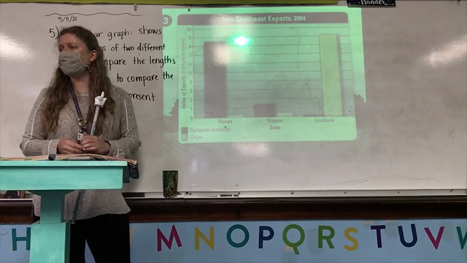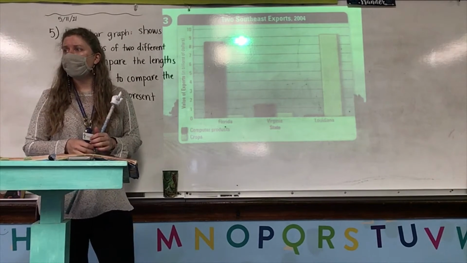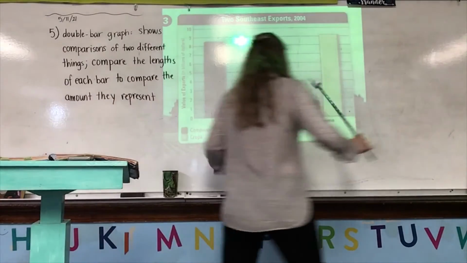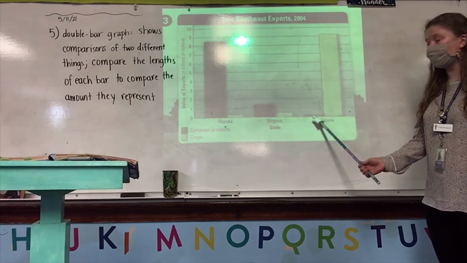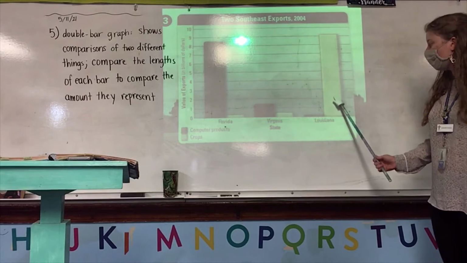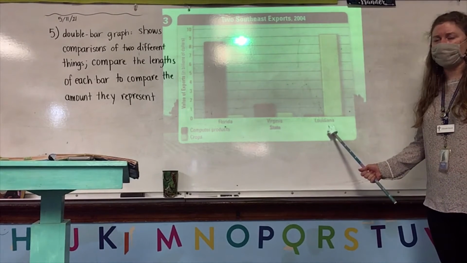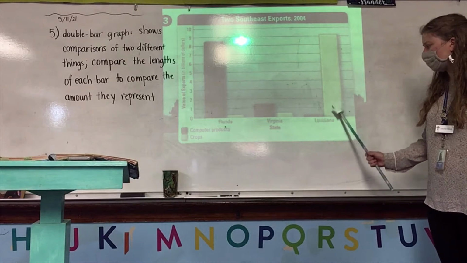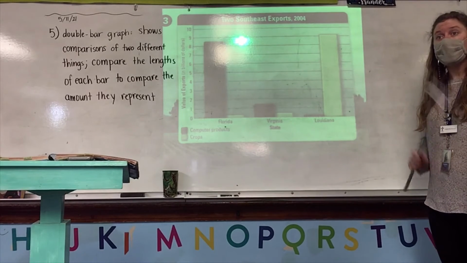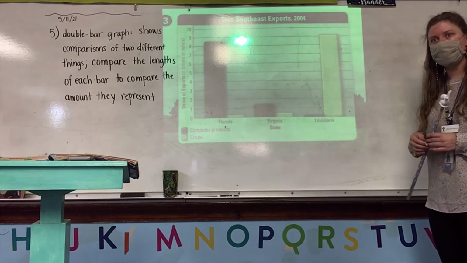Mason, what state would you like to look at? Louisiana. We know the red bar stands for computer products exported, and the yellow bar stands for crops. Which one did Louisiana make more money off of? Computer products or crops? Crops. How do you know that?